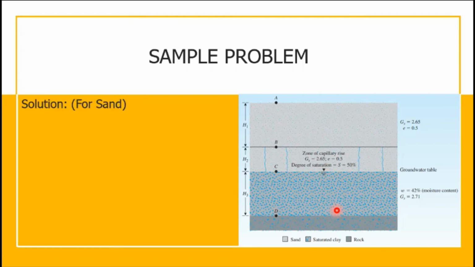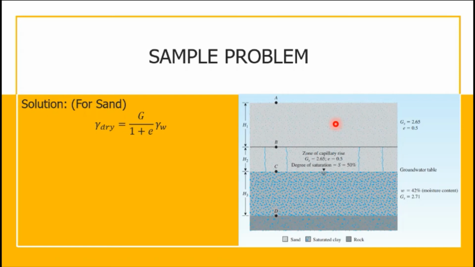To get the vertical stresses at these 4 points, again, we have to get the unit weight. For sand, only the specific gravity and void ratio are given. Again, this is dry because no moisture content was given. If a moisture content is given, it means we take the moist unit weight.